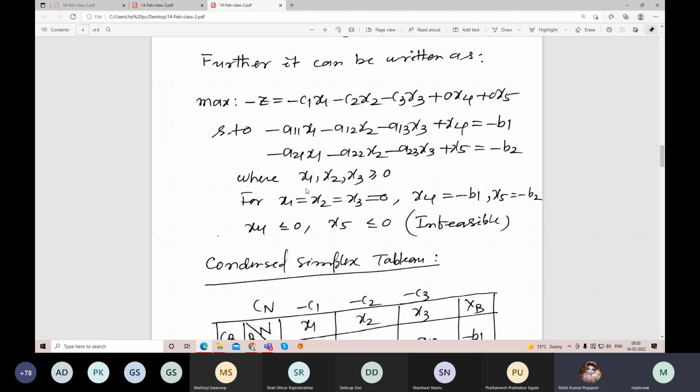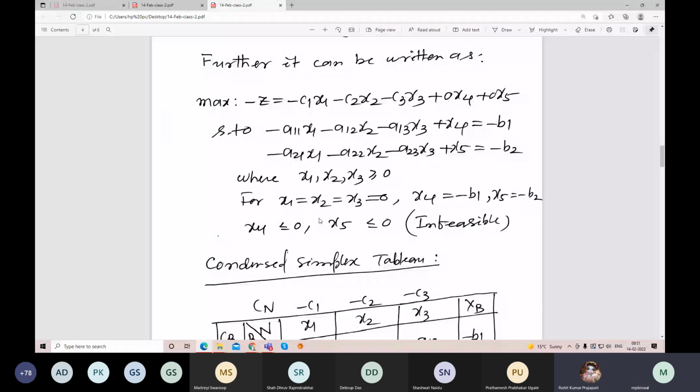If I set x1, x2, x3 to 0 as the non-basic variables, the other two will be the basic variables. So we find x4 equal to minus b1, x5 equal to minus b2. Then x4 is less than 0, x5 is less than 0, so this is infeasible.